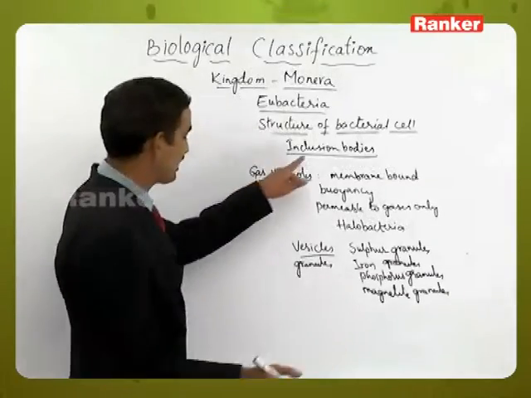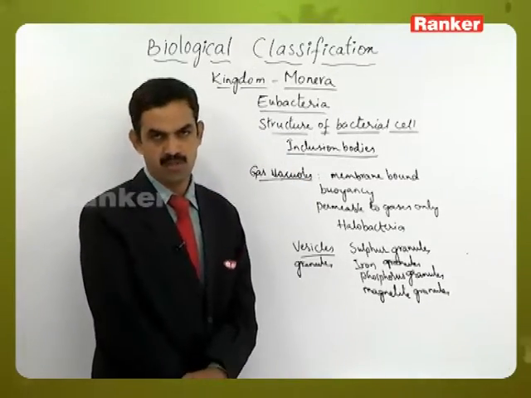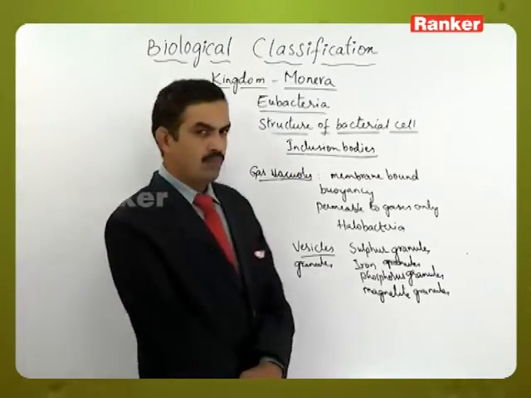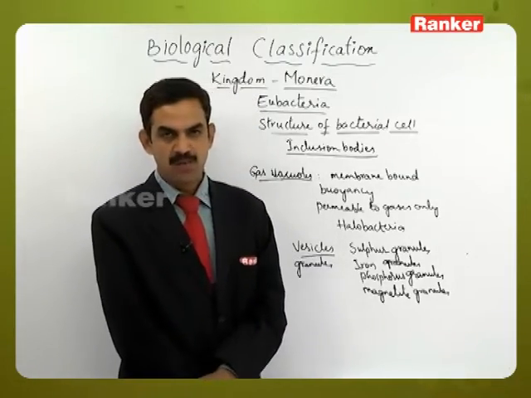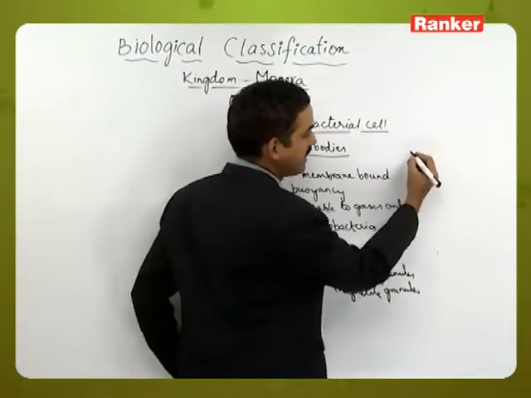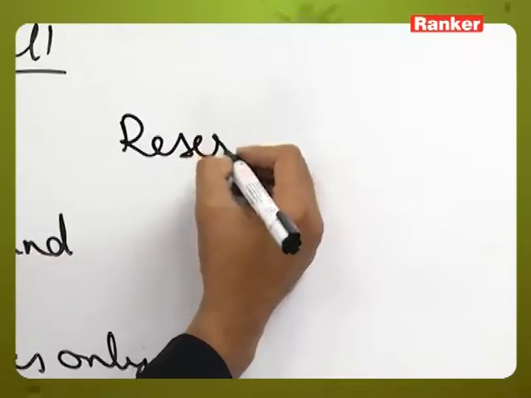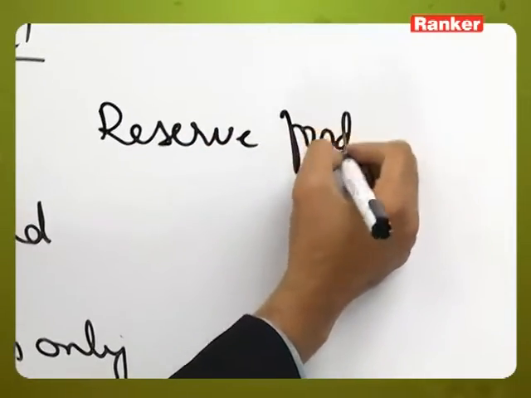So these granular structures are considered to be the inclusion bodies, and when food material has been acquired by the bacteria, it will store the food materials in the form of reserve food materials.